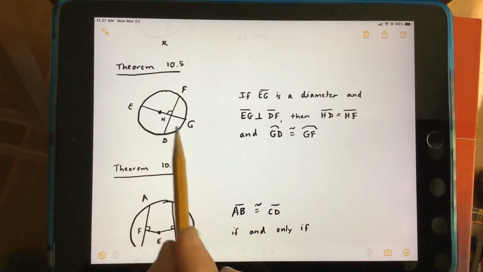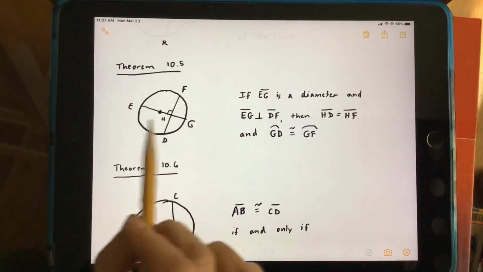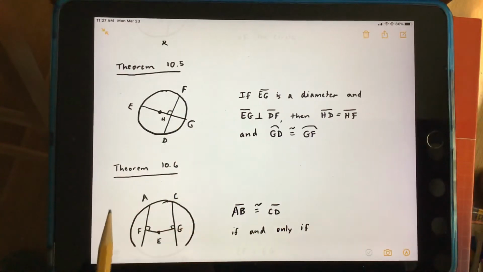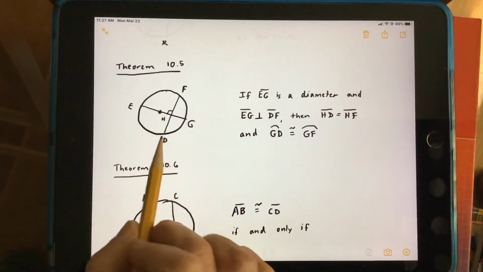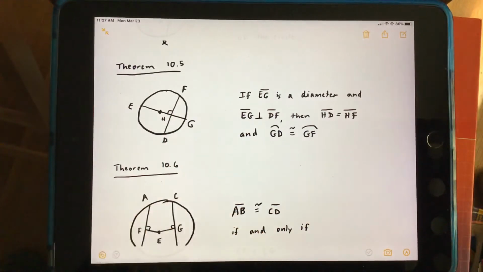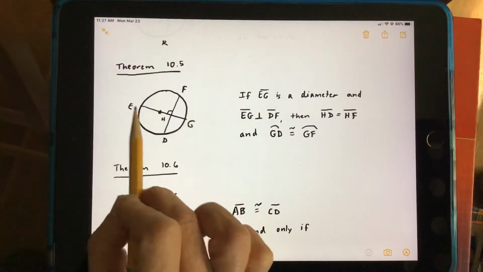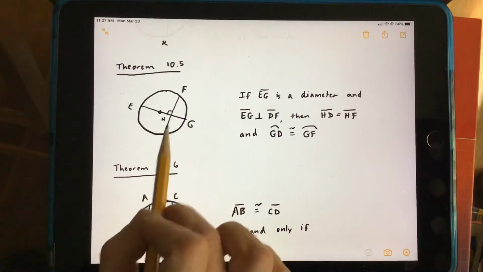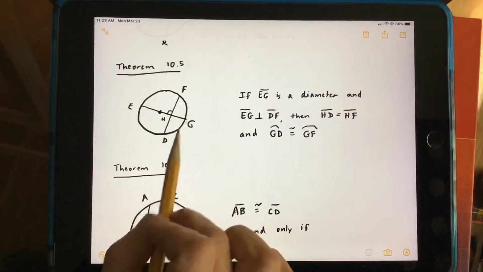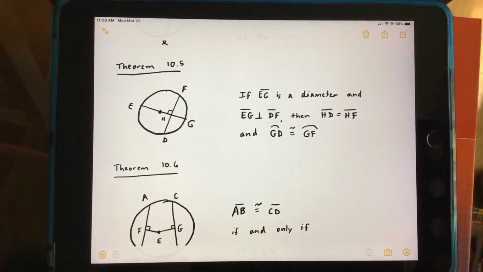Here we have EG as a diameter, and EG is perpendicular to DF, then HD, this segment here, is equal to HF. These will be congruent segments, and it will also be true that this arc GD must be congruent to GF. So basically this diameter cuts this chord into two congruent pieces. It also cuts up this arc from D to F in two congruent pieces as well.